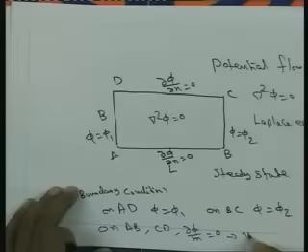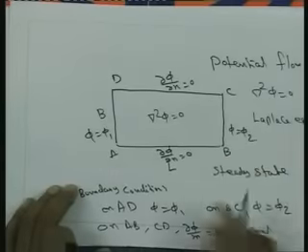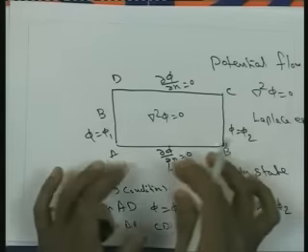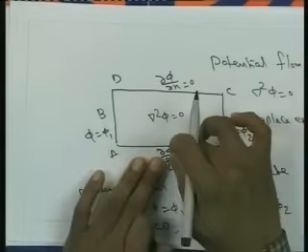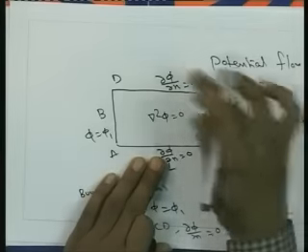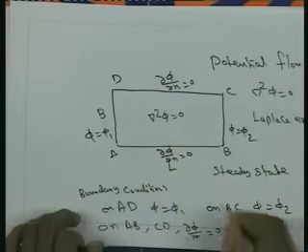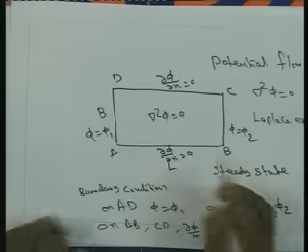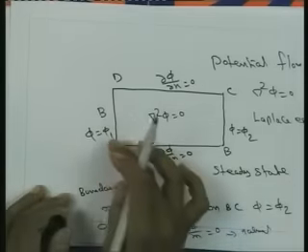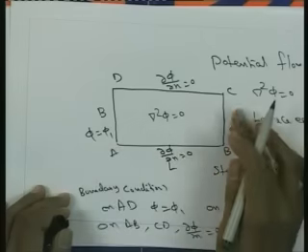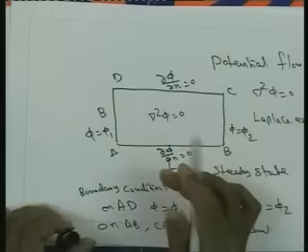These boundary conditions are called natural boundary conditions, that means what is existing in nature. The flow cannot cross, so this can be an impermeable boundary on side AB and on side CD. These conditions are called natural conditions or Neumann boundary conditions, and the boundary condition prescribed on AD and BC are called Dirichlet boundary conditions.